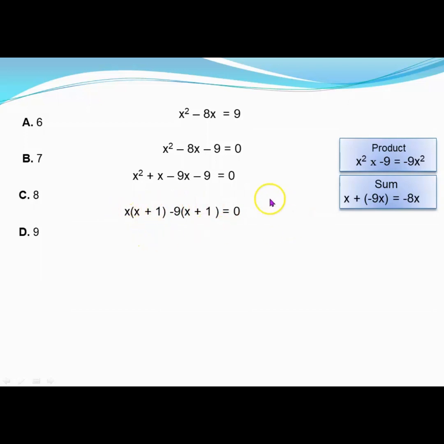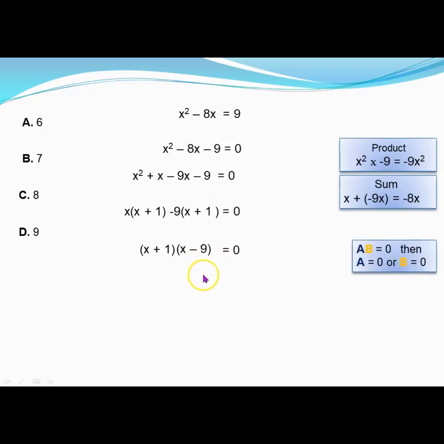If you notice, you see that x plus 1 is common. Let's factor that out. We factor out what is common among these, which is x plus 1, then what is outside, x and minus 9, we bring together. Now it becomes this, so everything will be equal to 0, right?